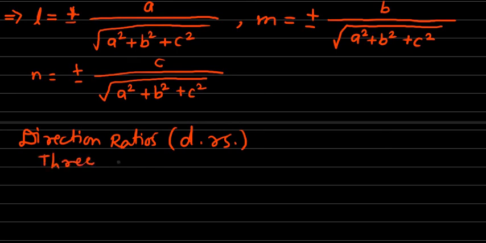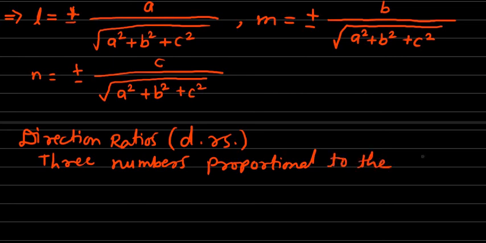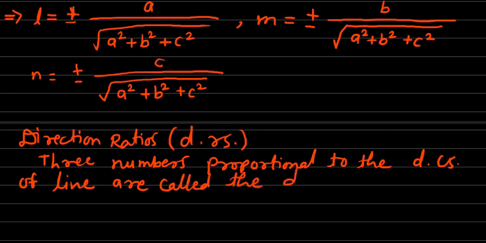A set of three numbers proportional to the DCs, the direction cosines of a line, are called the DRs, the direction ratios of that line.